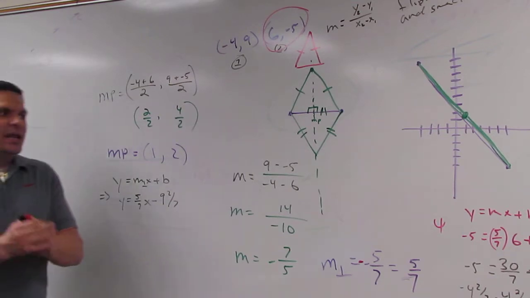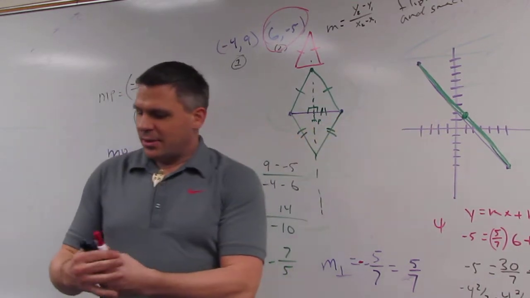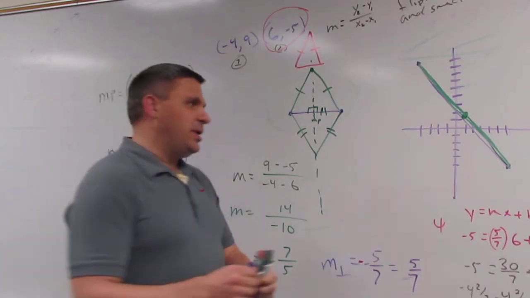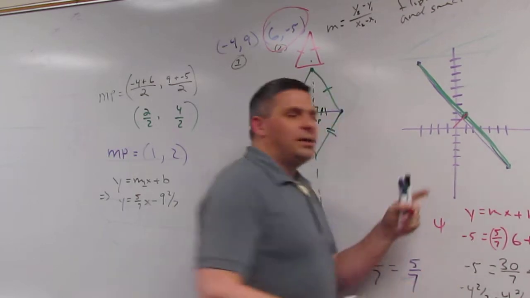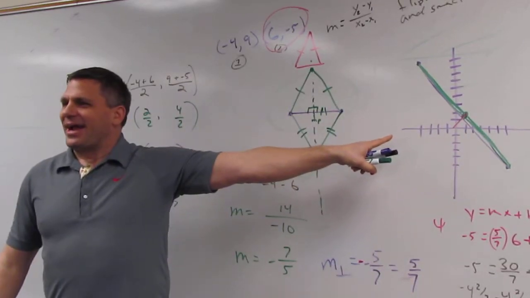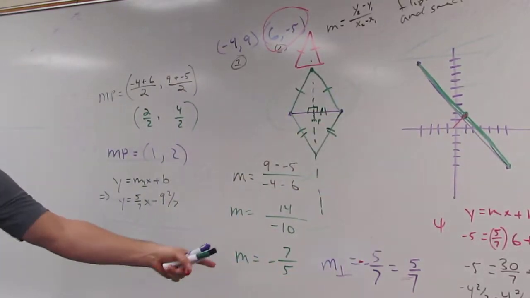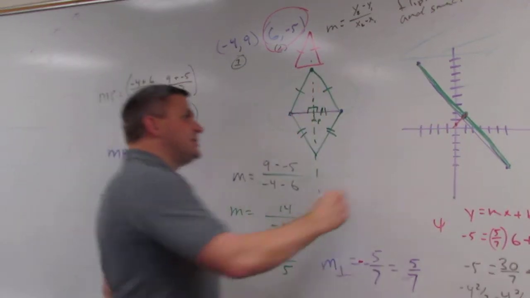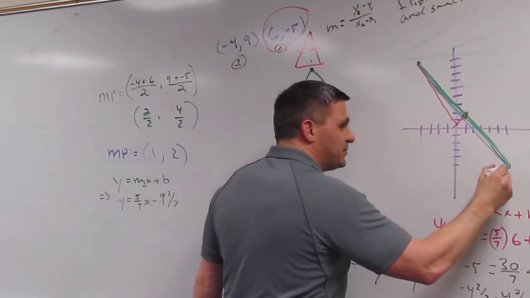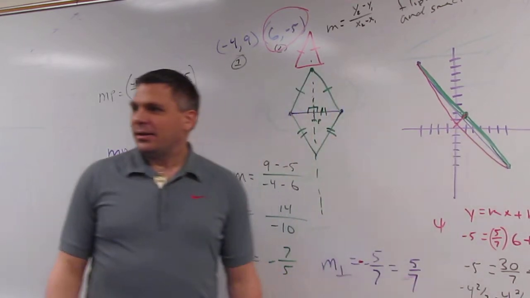So, here's the cool part. All we need is any point on this line. Guess which is the easiest point? The one where x is 0. If x is 0, right? It's still an isosceles triangle. It's just really thin.